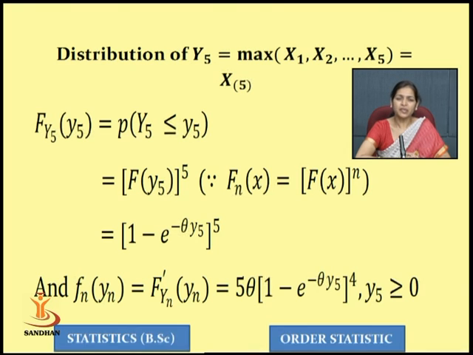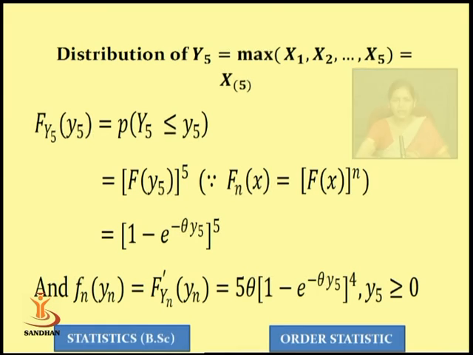Substituting the distribution function of the exponential, you get the distribution function F5 of y5, that is (1 minus e raised to minus theta y5) whole power 5, and again differentiating that with respect to y5, you get the PDF of the maximum, that is yn, or here you can say y5. So it is 5 theta e raised to minus theta y5 times (1 minus e raised to minus theta y5) power 4.